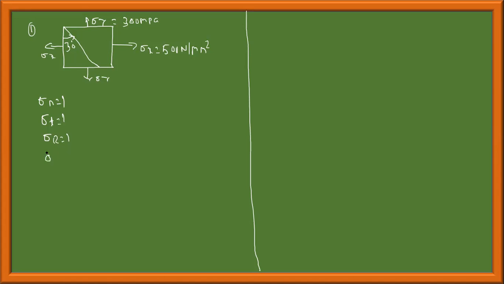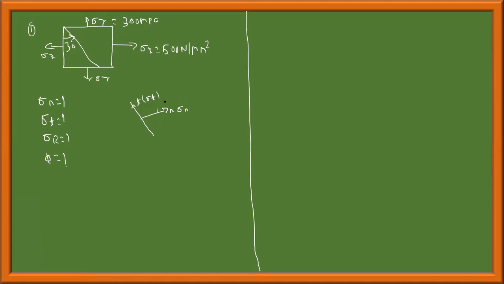Obliquity, in the sense, if I take a plane like this, this is the normal plane along which normal stress is acting, and this is the tangential plane along which tangential stress is acting. Assume this is the resultant of normal and tangential stress, which is making an angle phi.